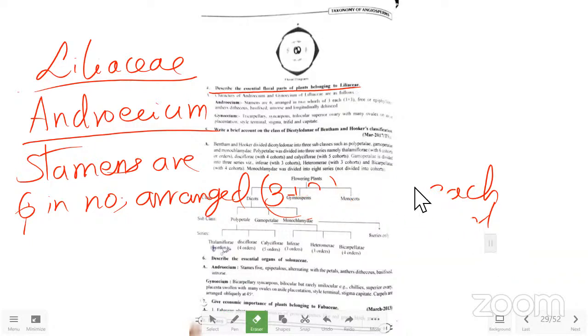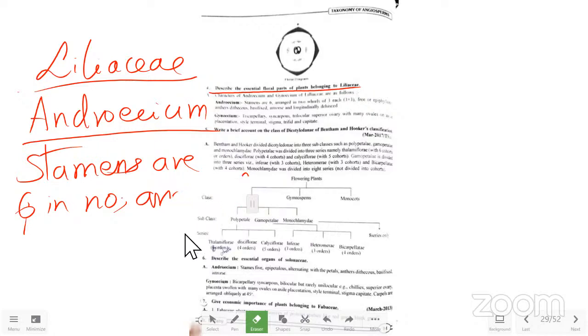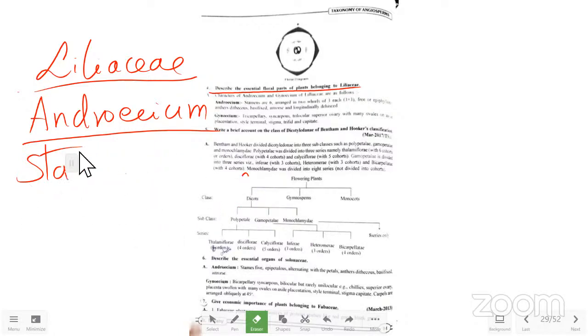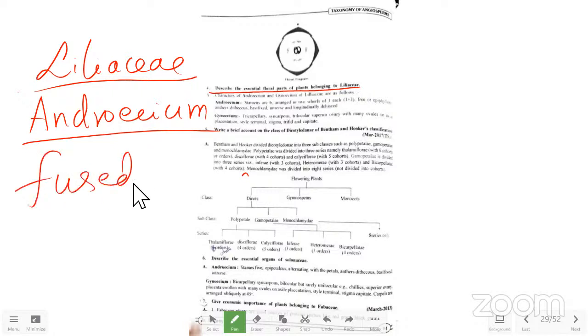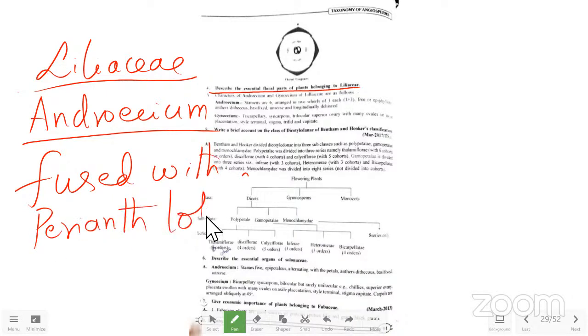Next, we have to go with how the stamens are present. They are fused with the perianth lobes, or in some plants those are free.